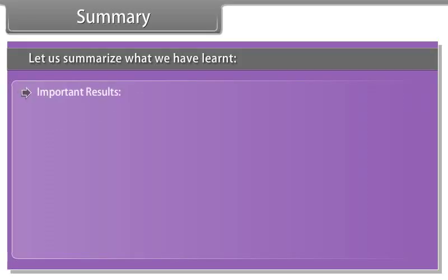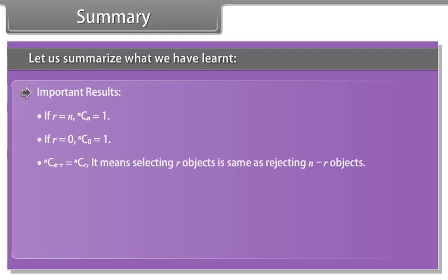Important results. If r is equal to n, nCn is equal to 1. If r is equal to 0, nC0 is equal to 1. nC(n minus r) is equal to nCr. It means selecting r objects is the same as rejecting (n minus r) objects.